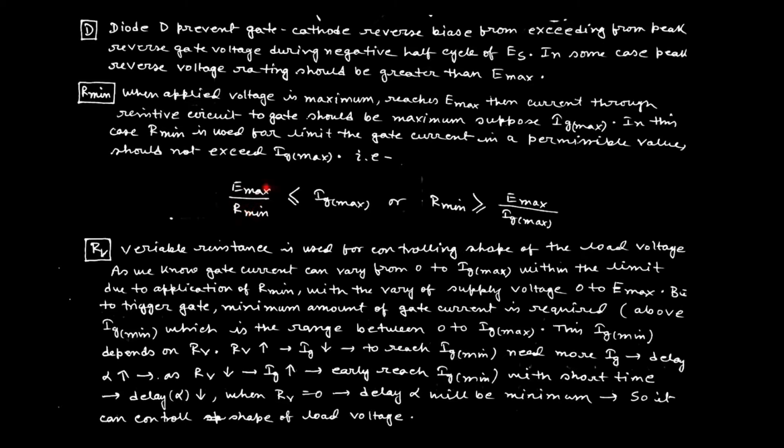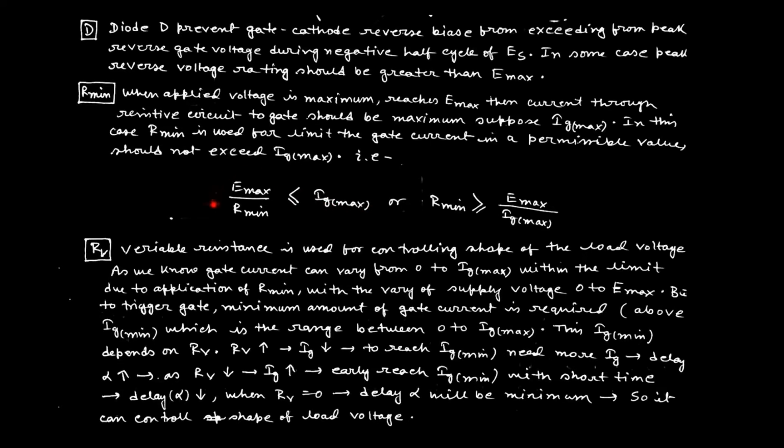When the supply voltage reaches the maximum value, Emax, at 90 degrees, the circuit current should be limited by Rmin. So Rmin works as a simple resistance. Voltage by resistance, Emax by Rmin, should be less than or equal to Ig max, not more than that.